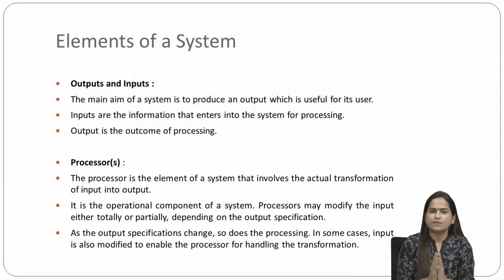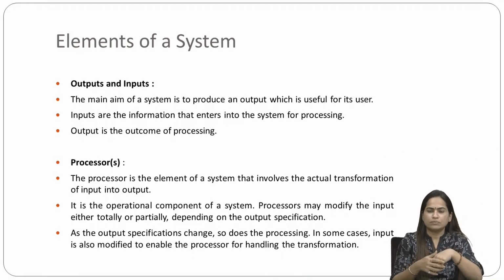The main aim of a system is to produce an output which is useful for its user. Inputs are the information that enters into the system for processing. What the system generates or produces is the output.